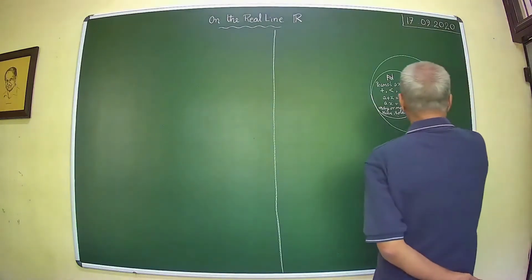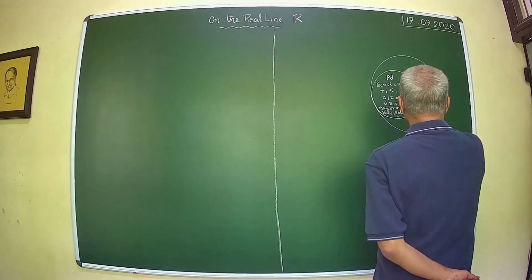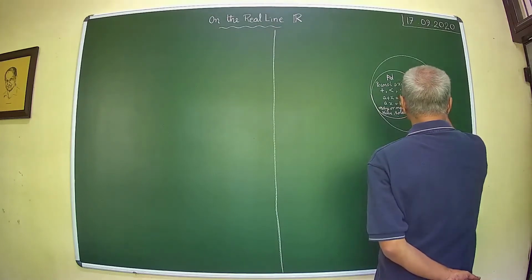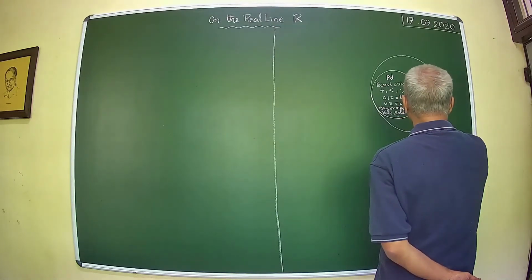Then you see that a plus x equal to b may or may not have a solution.